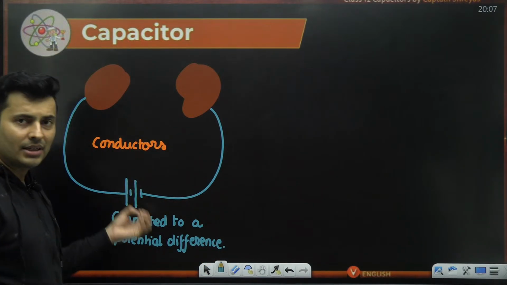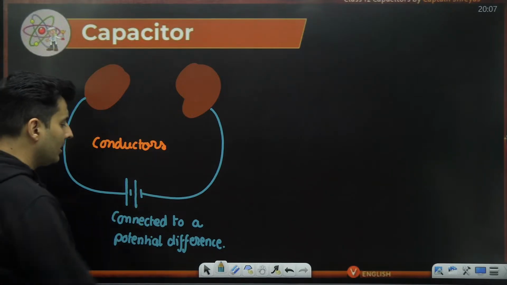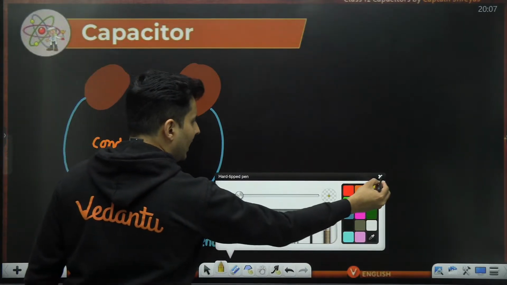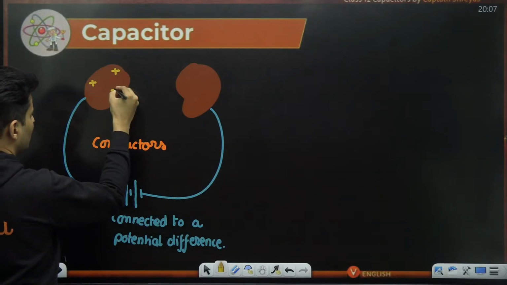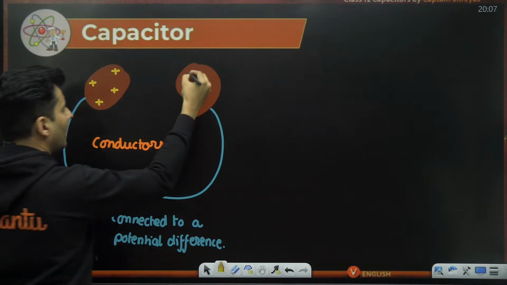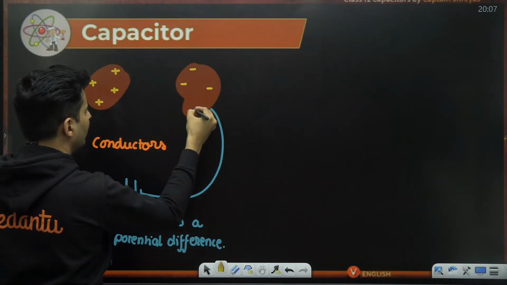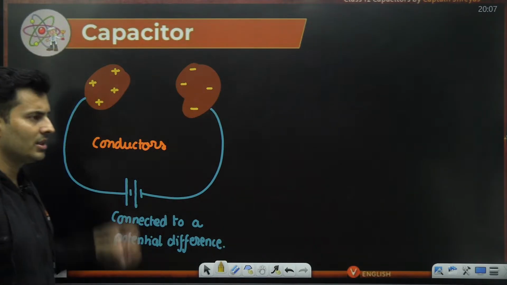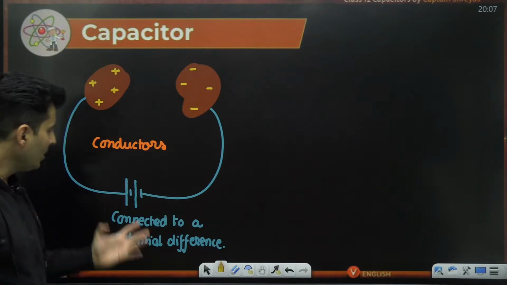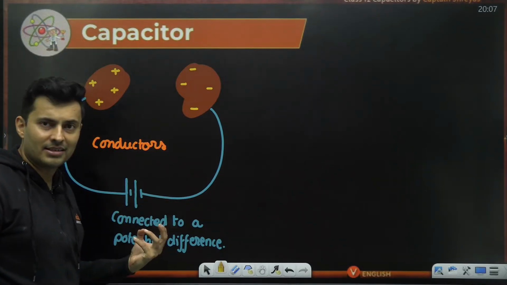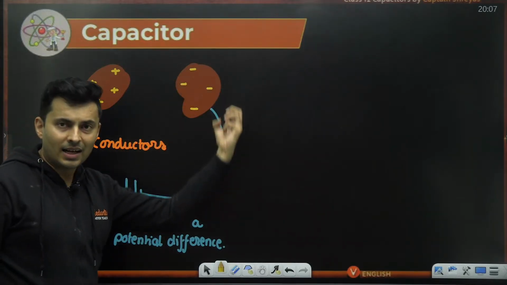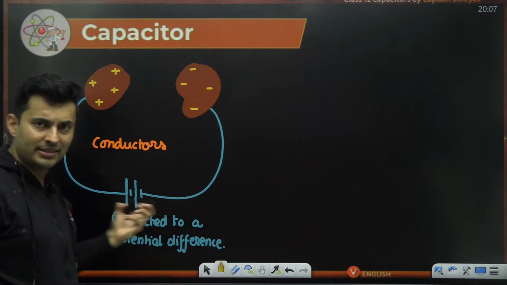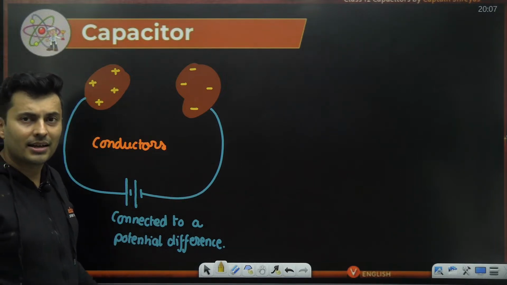As a result, you will see that some positive charges will be stored on this conductor, and an equal amount of negative charge stored on this other conductor. This potential difference is trying to suck out charges from one side and put them on the other side.